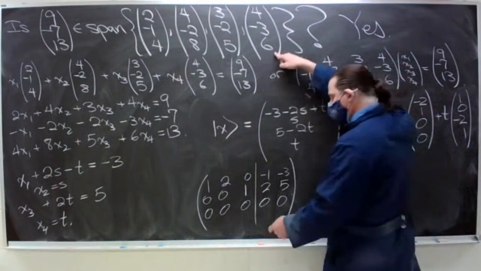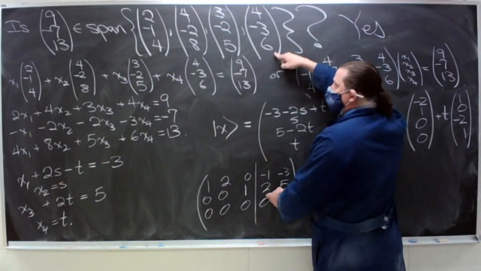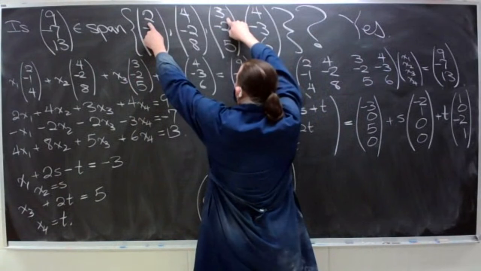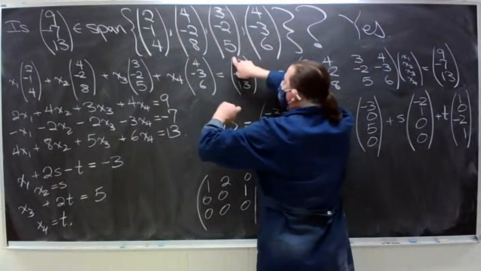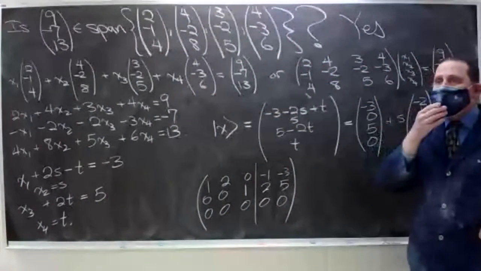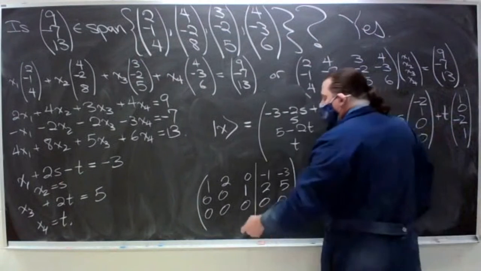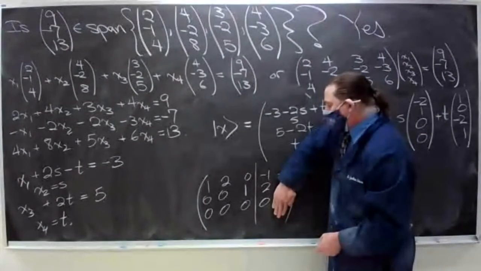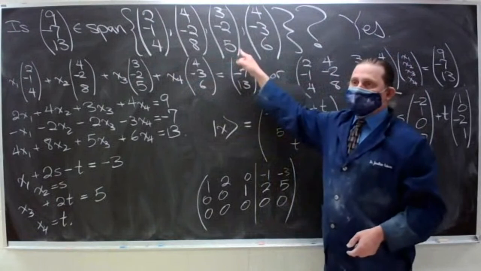This vector is -1 times the first vector plus 2 times the third vector. And indeed, if I do 2 times that minus that of 4, negative 4 plus 1 is negative 3. 10 minus 4 is 6. All right? So the fact that this system has solutions implies that this is a linear combination of these three.